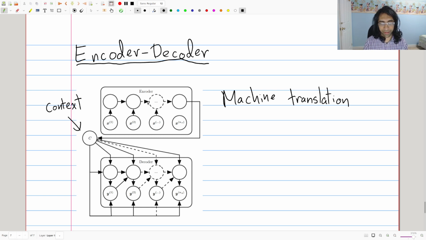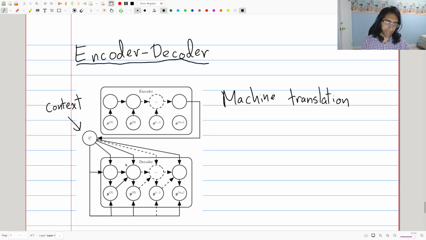Conceptually, it would spit out something C. And C is going to be some sort of language-agnostic representation of that input sentence. So suppose you put in an English sentence, now it'll just be some context C.